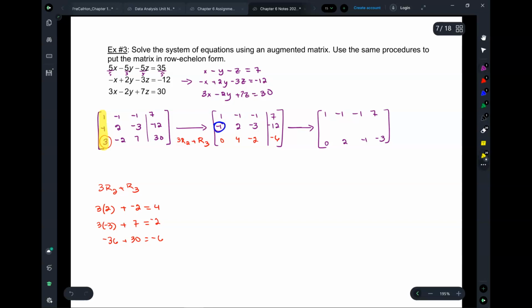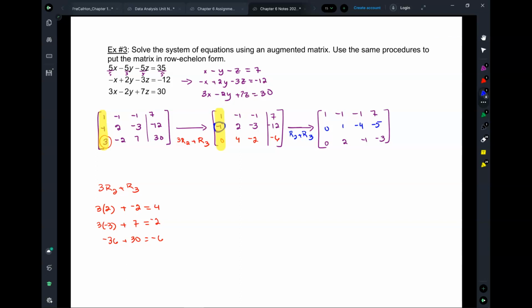So if you look in this column, how can you combine to get a 0 for that circled one? Yeah. R2 plus R3. 0, 1, negative 4, negative.